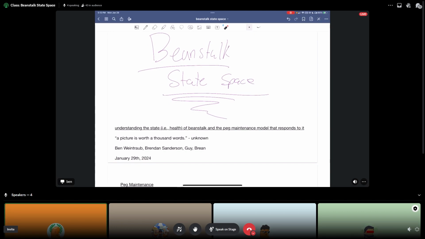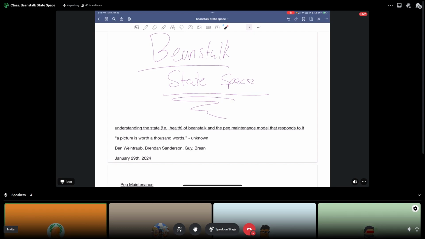And the reason we call it Beanstalk State Space is that one way to think about what Beanstalk is doing from a peg maintenance perspective is that it is operating within some sort of space-time itself, where time is in seasons in some capacity. You could say time is continuous, but then it's operating in some space with respect to peg.